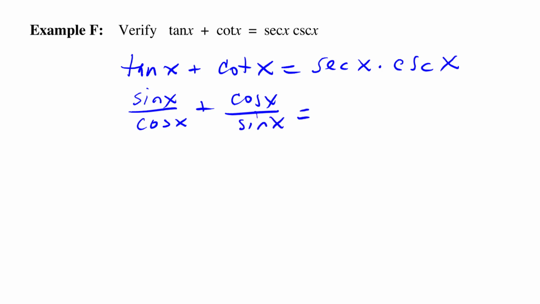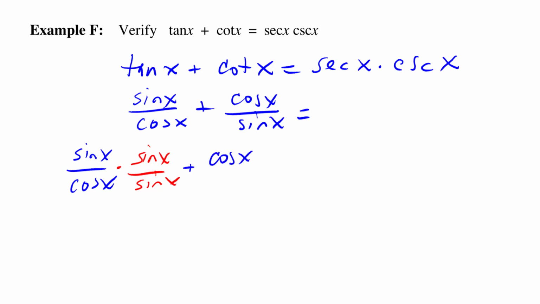Now in this case, the common denominator is cosine x times sine x. So we'll multiply the first fraction by sine over sine, and the second fraction will multiply by cosine x over cosine x.